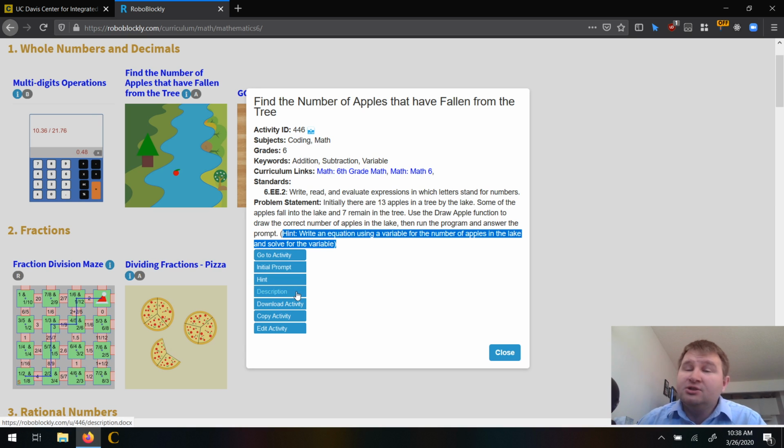We could look at the description of the activity. As the teacher, we could download a documented copy of the activity with the standards and any other supporting information that we have for it. And then we could copy the activity into our own new activity and start to build from that. And I'll talk more about creating activities in another online session in the future.